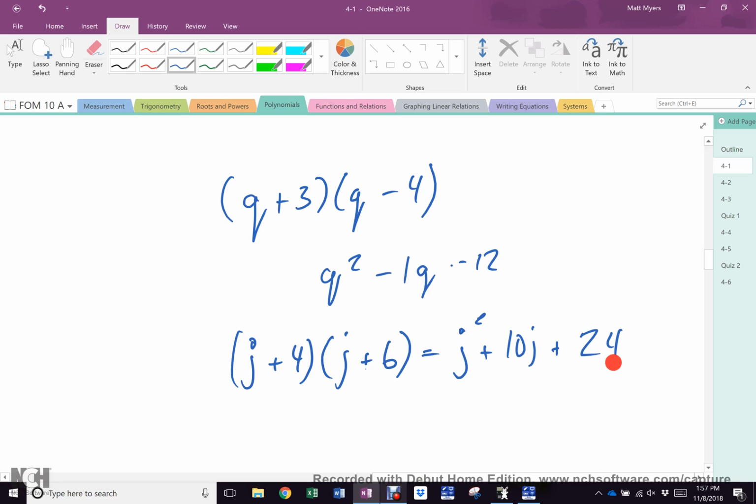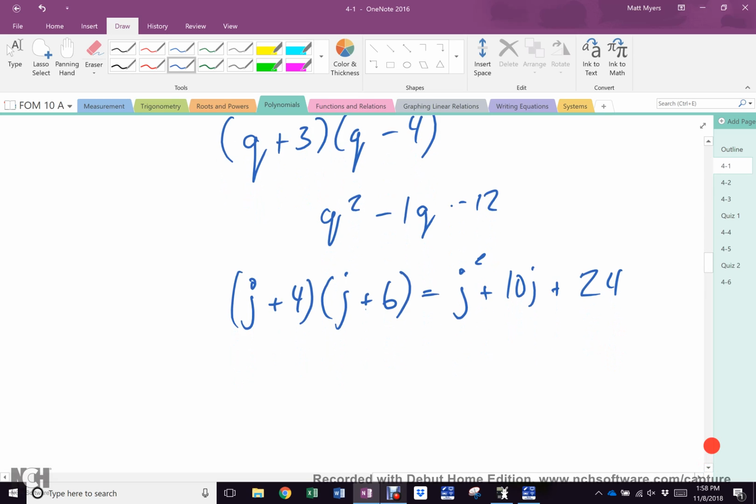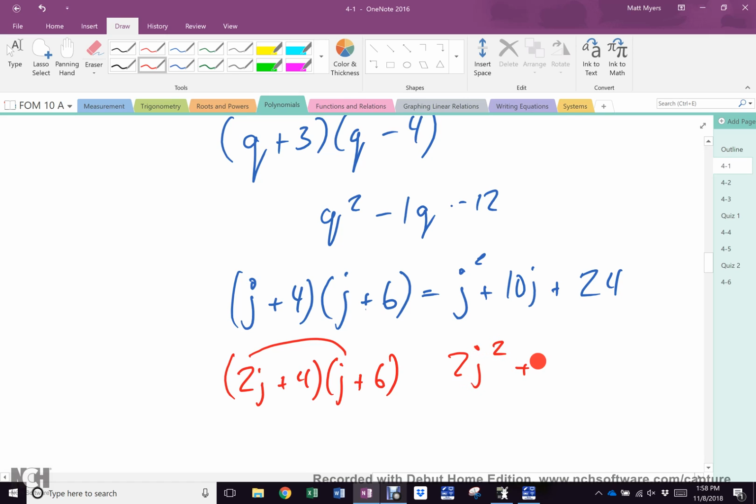It is, isn't it? Now, what is different about this one? Can I do the shortcut? No. So I actually have to distribute this one. 2j times j, 2j squared, plus 12j, plus 4j, plus 24.